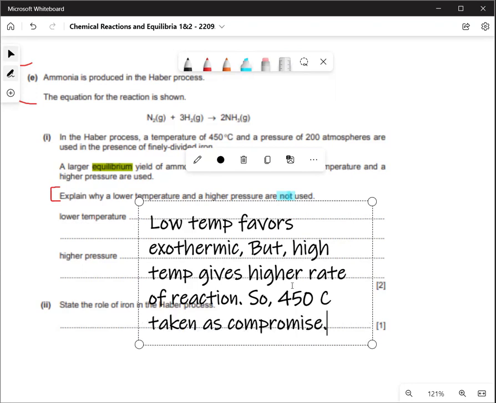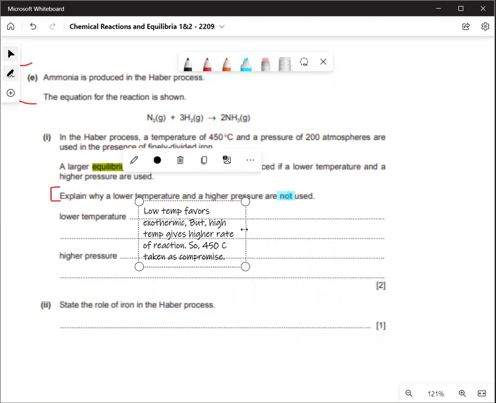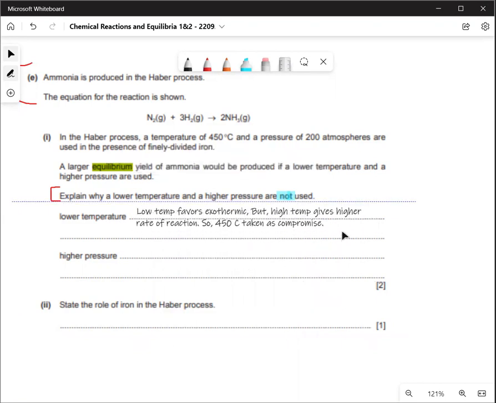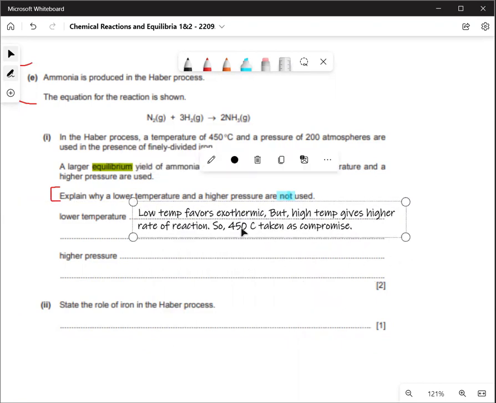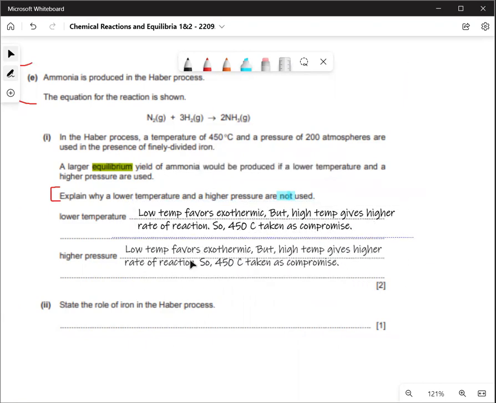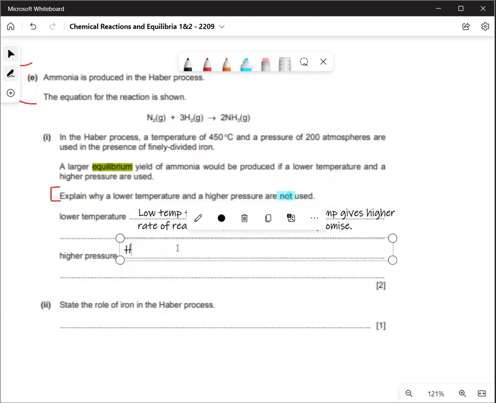That's the answer for the first part. All of this is 1 mark only because you have to memorize this. The next part: high pressure is expensive and dangerous. Is that clear?